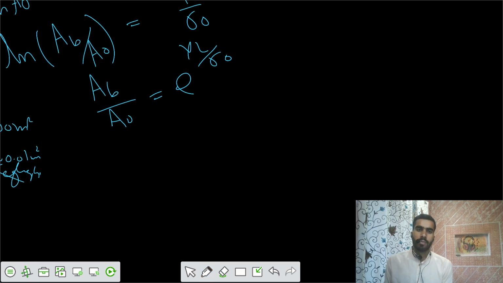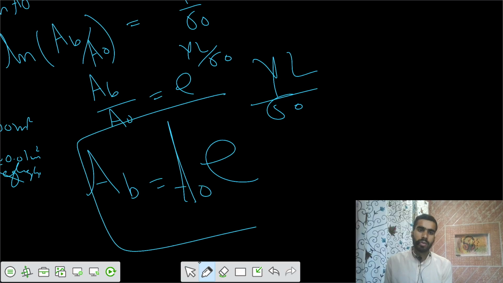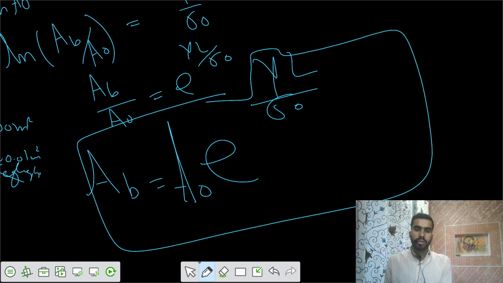So the value of the area at the bottom is e to the power gamma L by sigma naught into the area at the top. So you got this equation.